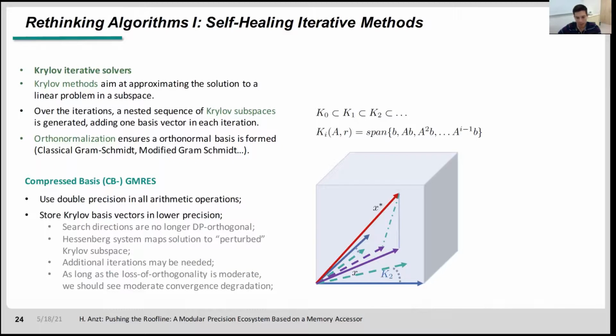What happens is that the Krylov basis vectors are somewhat perturbed through the compression. However, we can hope that as long as this perturbation is not too dramatic, we will probably only see a moderate effect in terms of convergence delay, and maybe that convergence delay can be compensated by increasing the dimension of the Krylov subspace.